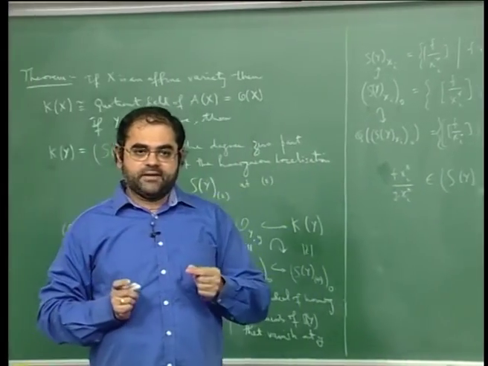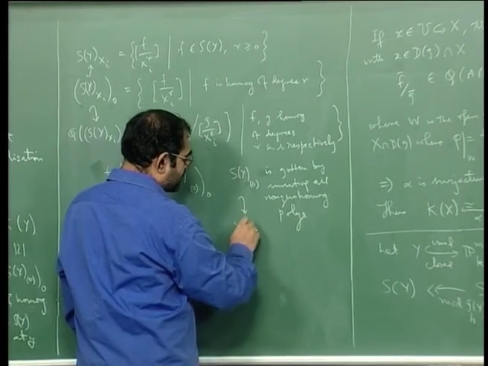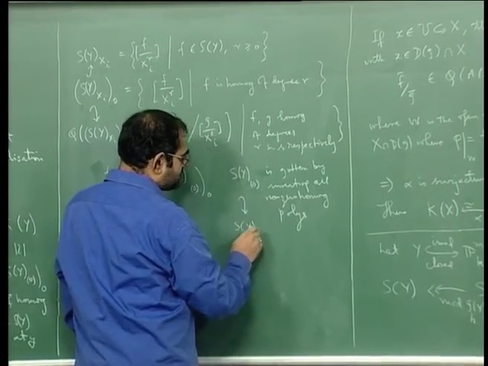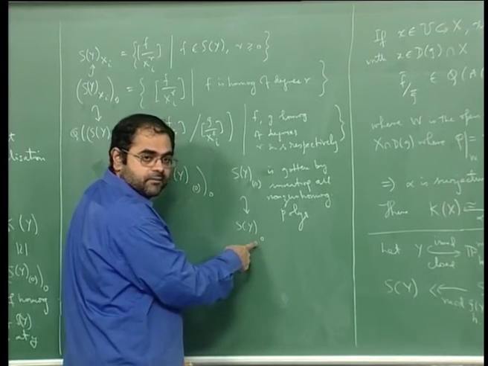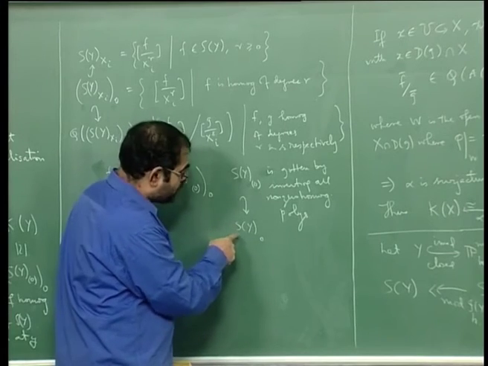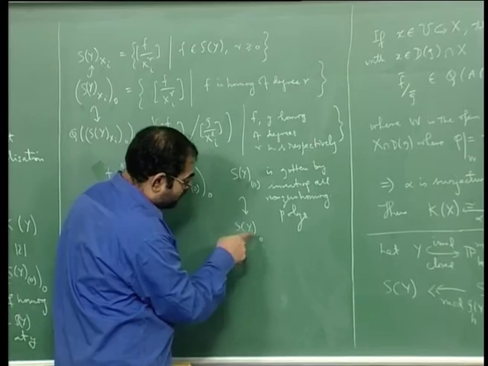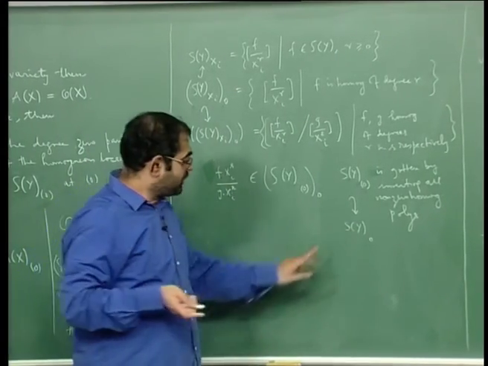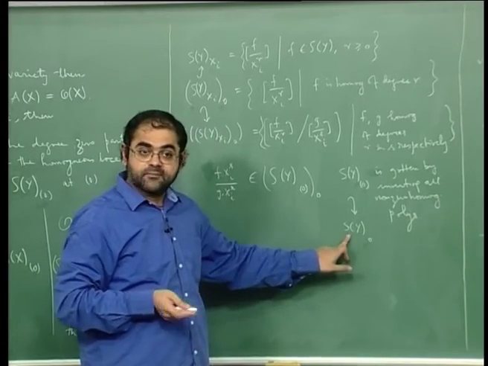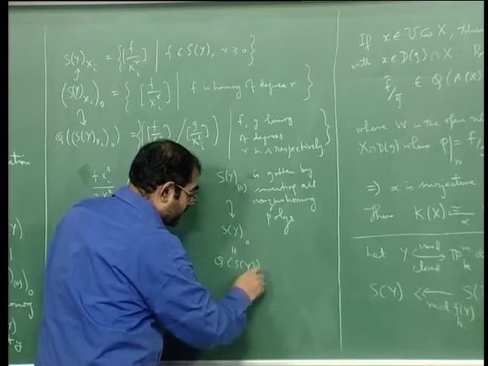Mind you, this sits inside S_y localized at 0. When I write it like this, it is the usual localization. 0 is a prime ideal, and a ring localized at a prime ideal means inverting everything outside that prime ideal. So this is actually the quotient field of S_y.